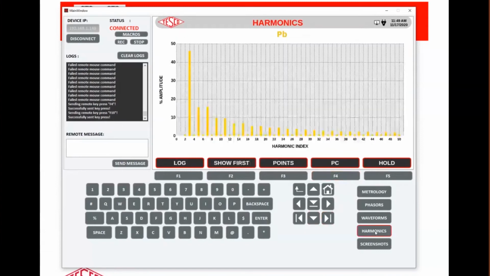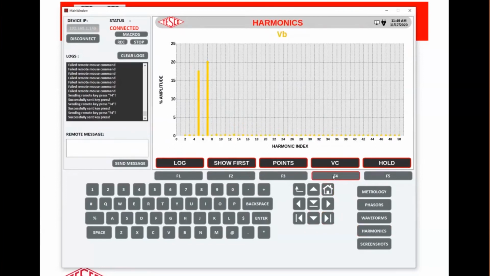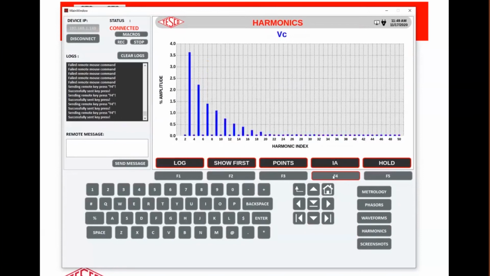Going back to the harmonic analysis of that, up over there. Okay. So there's quite a bit of distortion in the voltage, more so than you might think.